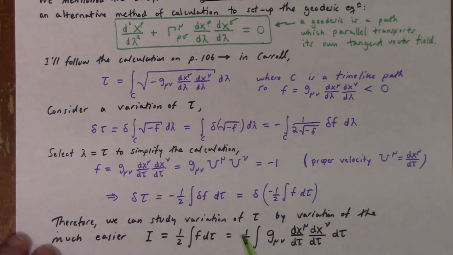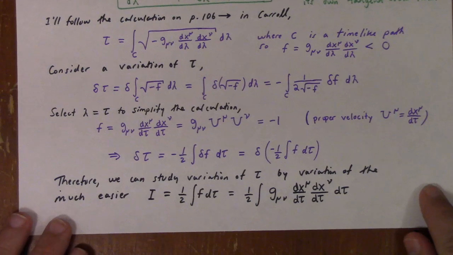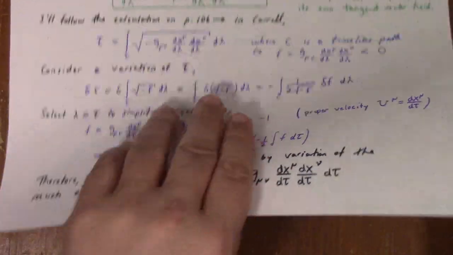So we can study the variation of tau by instead studying the variation of 1/2 f d tau, which is way easier to do calculus on because it has no square root and is much prettier. Let's get into it.